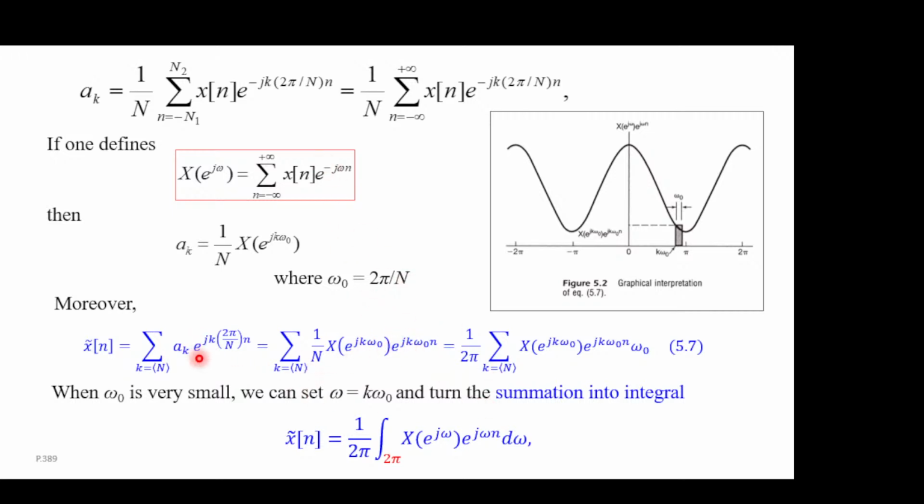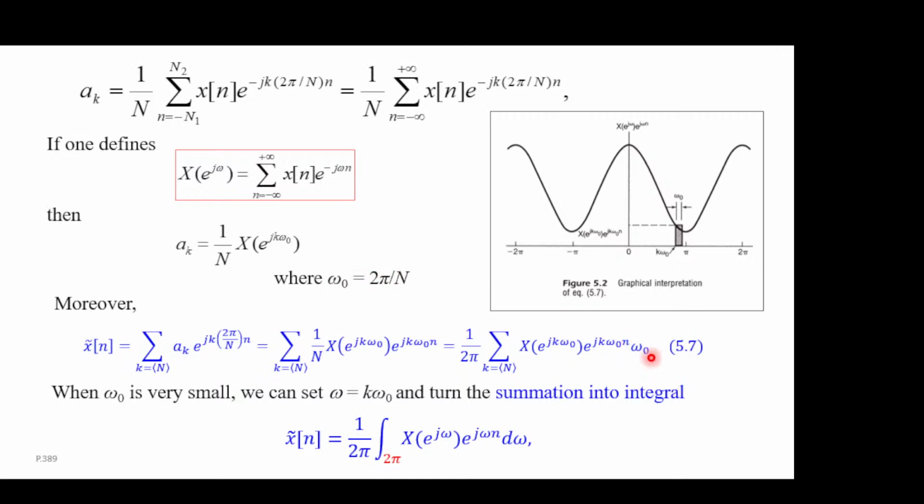And we still have this e to the jk omega naught n term here. Okay. And then we do something funny. We write this 1 over N as omega naught over 2 pi. So now you have 1 over 2 pi from changing 1 over N, and you have omega naught here.